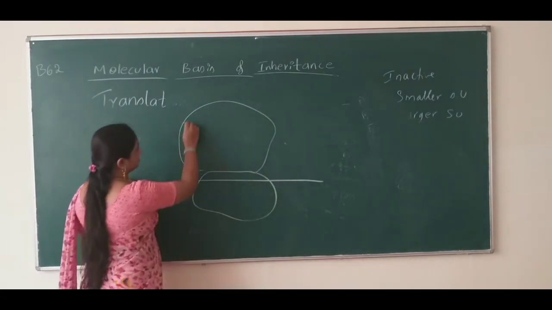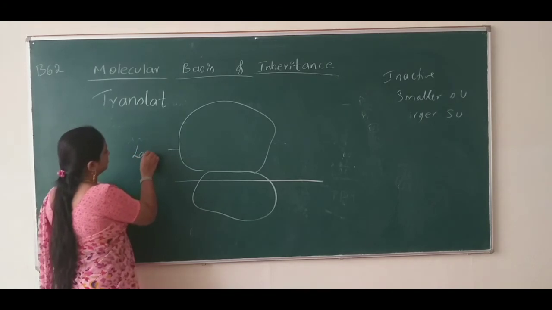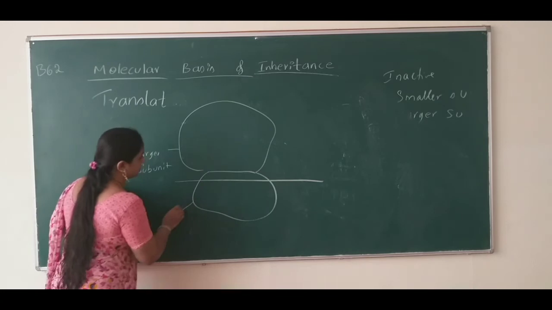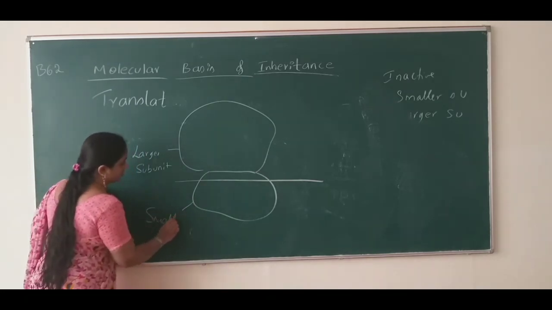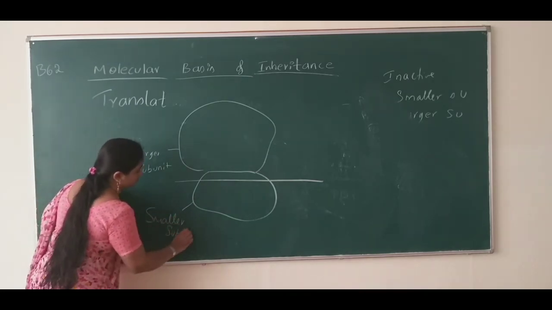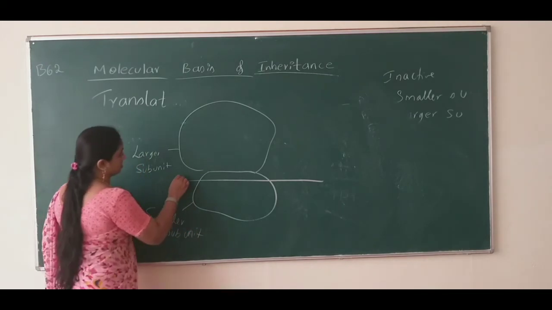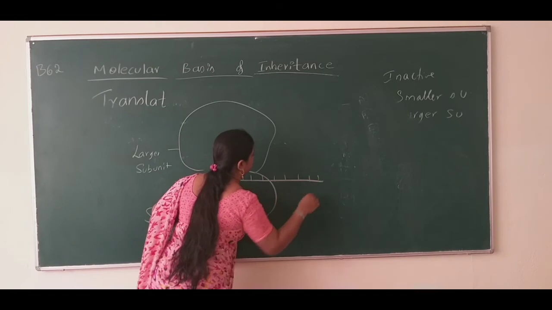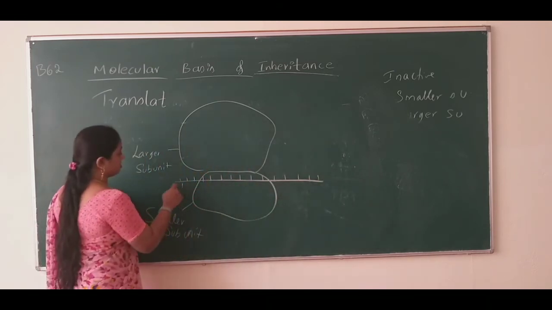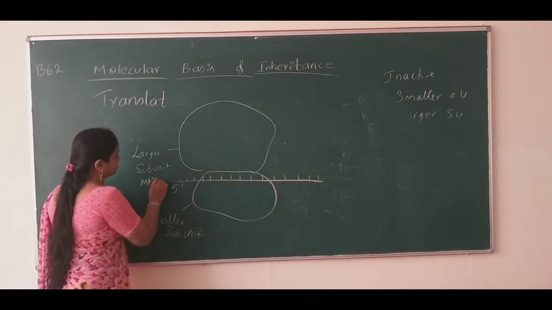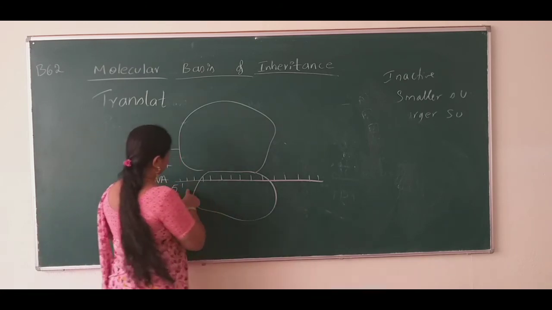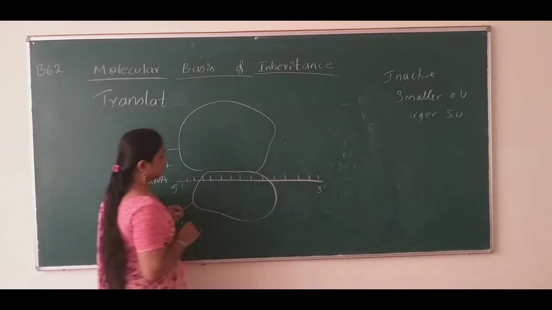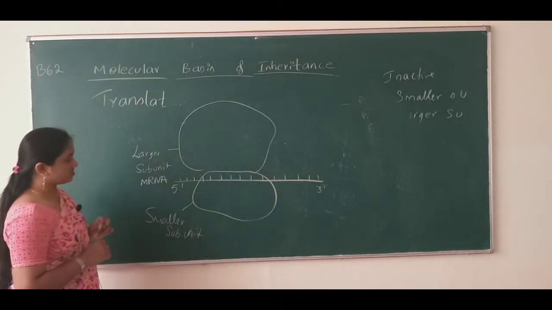This is the larger subunit and the smaller subunit, and this strand is known as the mRNA strand, which starts from 5' to 3'.